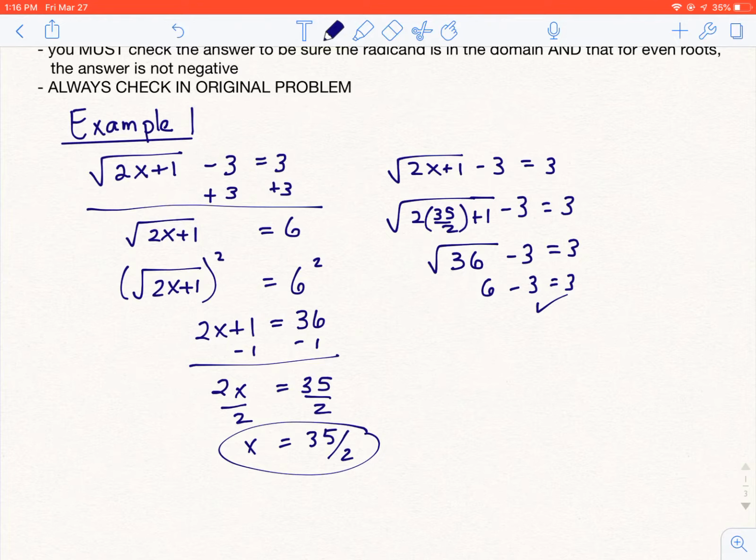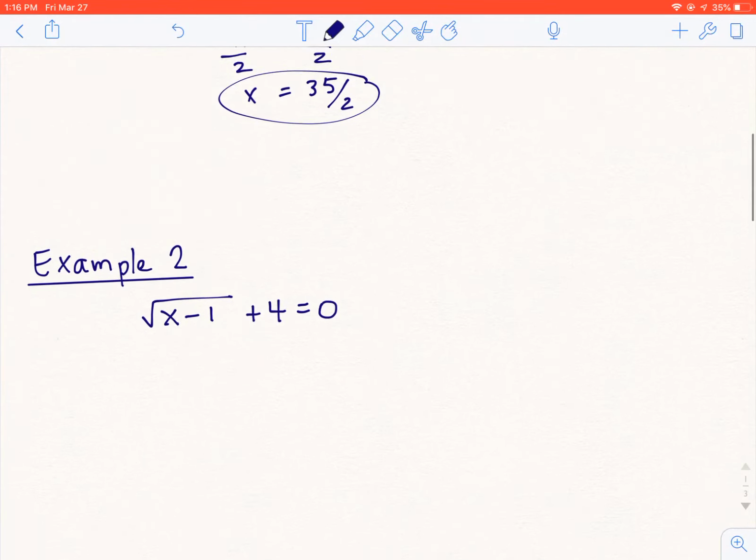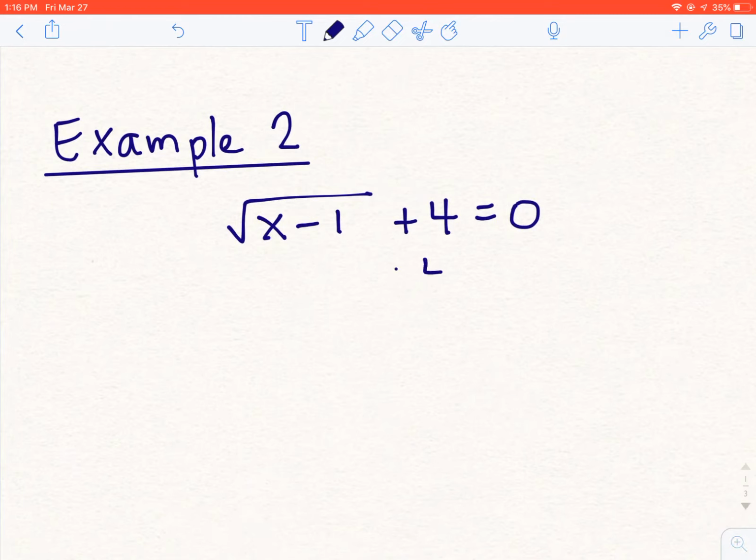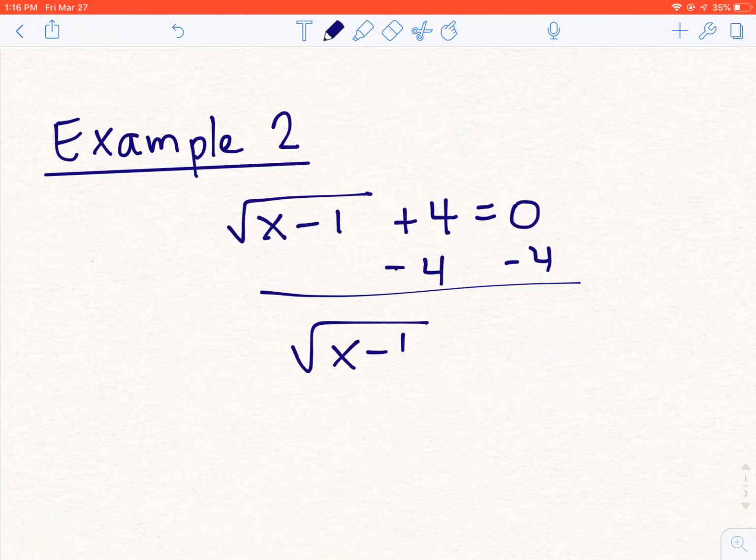All right, so that was the first example. The second example, I need to isolate my radical, so subtract 4, and I end up with the square root of x minus 1 is equal to negative 4. And right here, I can quit, because when we solve radical equations, we never use the negative root.